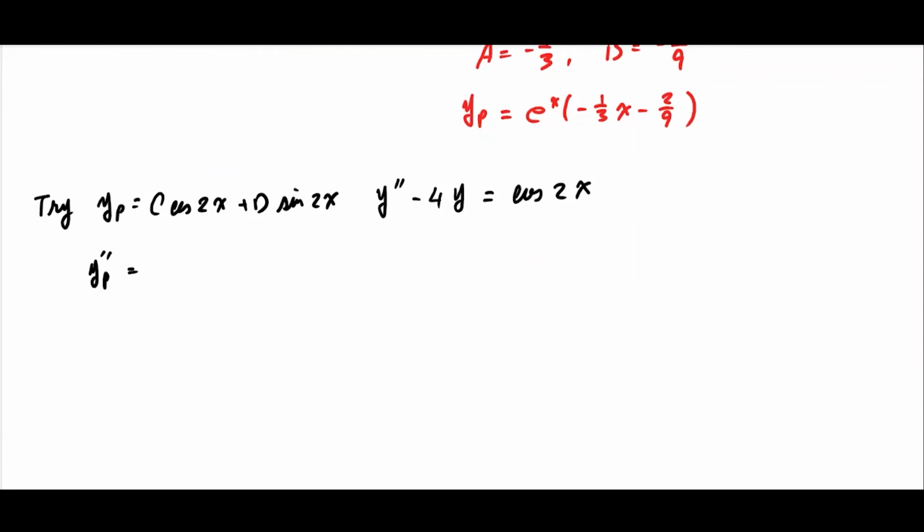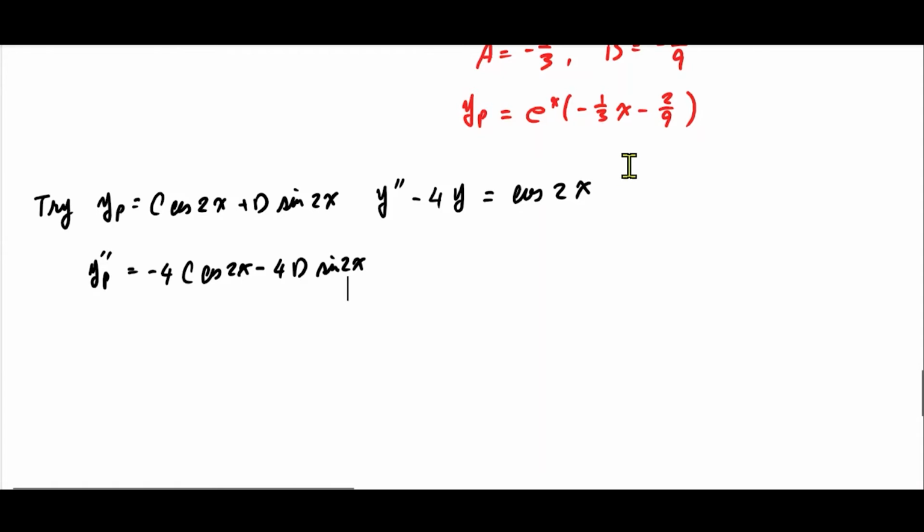I think we have enough skills to do this. Derivative: you will pick up negative 4c cosine 2x minus 4d sine 2x, because we don't even need the single prime.